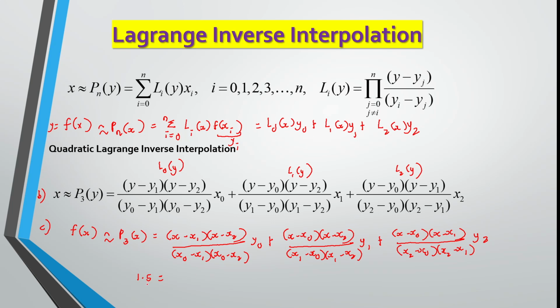Solving this quadratic equation, x is what we are going to approximate, but we have the x0, x1, x2 values and y0, y1, y2. Collect together the 1.5 and you get a quadratic equation, and then you may use the quadratic formula to obtain x. You should get two x values, because a quadratic has two roots, then you have to choose the correct root.